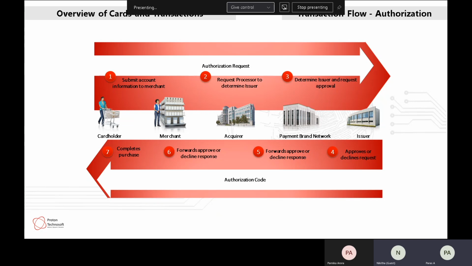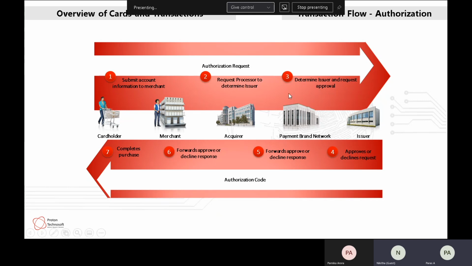So if I am using an ICICI Visa card, then HDFC will put me onto the Visa network. HDFC will say, Visa, this is a transaction that I have received. I don't know how to reach this bank. And since it's a Visa card, I'm sharing this transaction with you so that you can route it correctly.